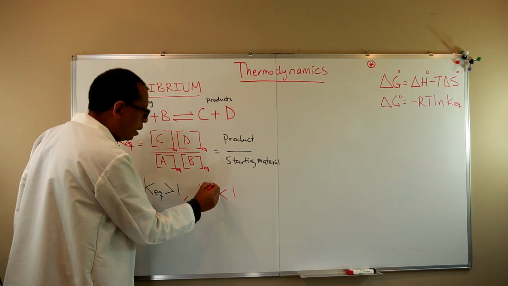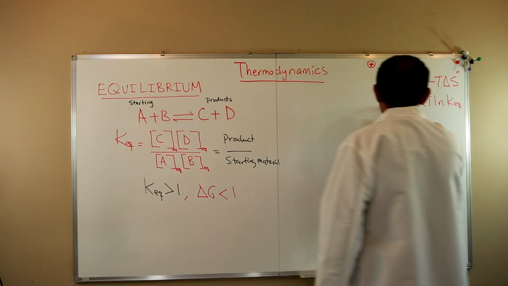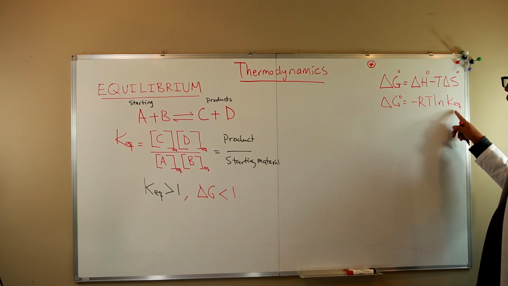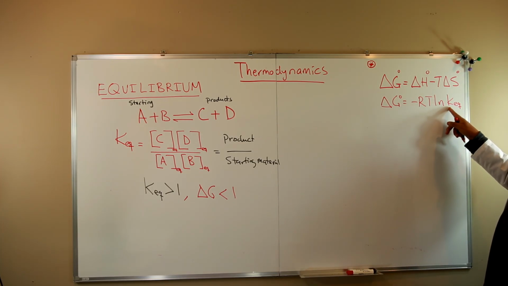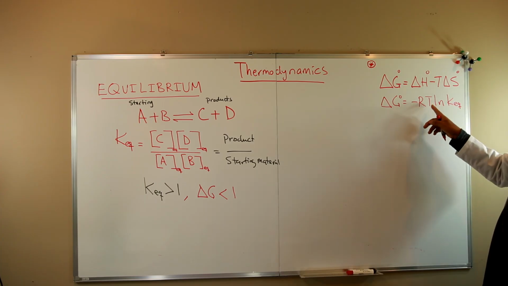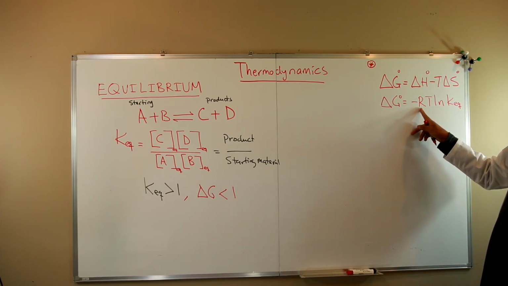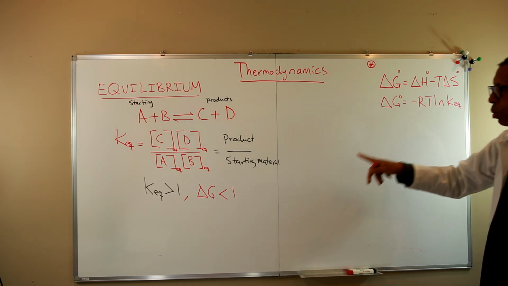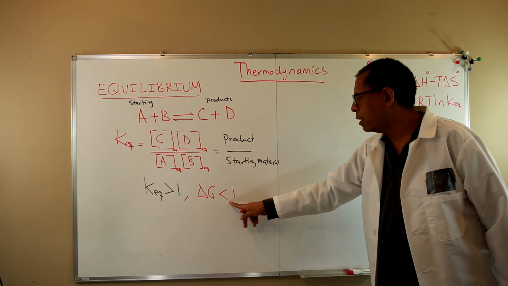What does that mean? If you look here, when K equilibrium is greater than 1, the natural log of a number greater than 1 is a positive value. But T, temperature, is positive. R is the universal gas constant. In the equation we have a minus here. So delta G will always be less than 0.